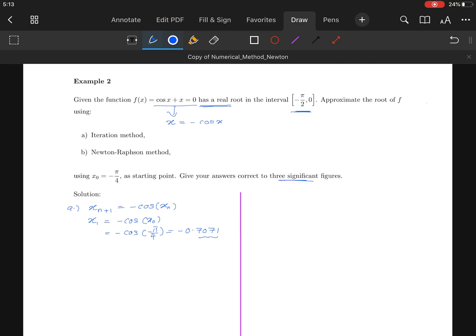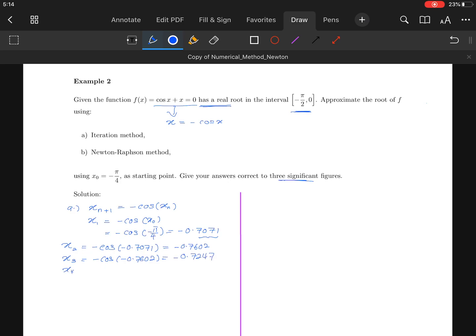Alright, let's continue on. x2 equals negative cos of negative 0.7071. If you calculate this, you will get negative 0.7602. Just continue. Then negative cos of negative 0.7602 is equivalent to negative 0.7247.